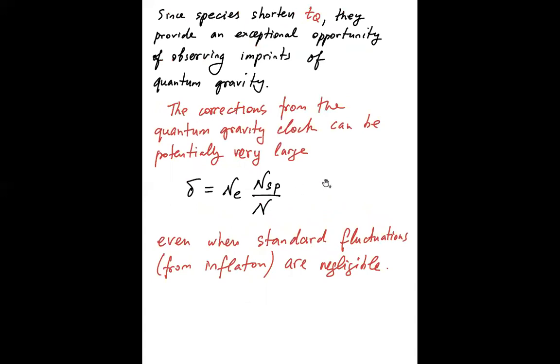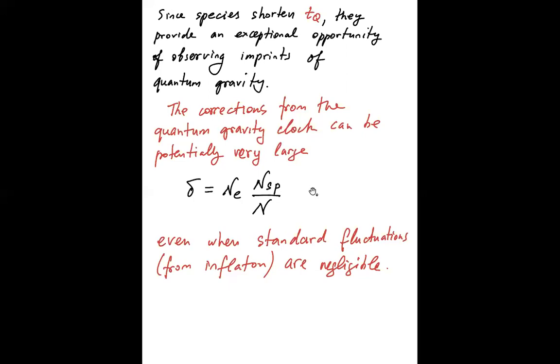So now we understand why theories with a large number of species provide an exceptional opportunity for directly observing quantum gravity effects from the early universe. In the standard picture, that is impossible. In the standard picture, those effects are too much suppressed. But with theories with a large number of species, this delta is enhanced by the number of species and actually can easily be observable.